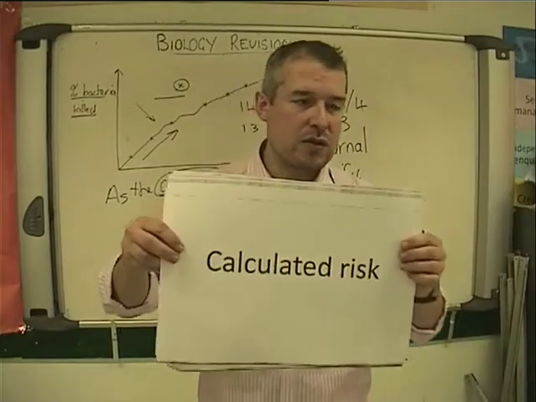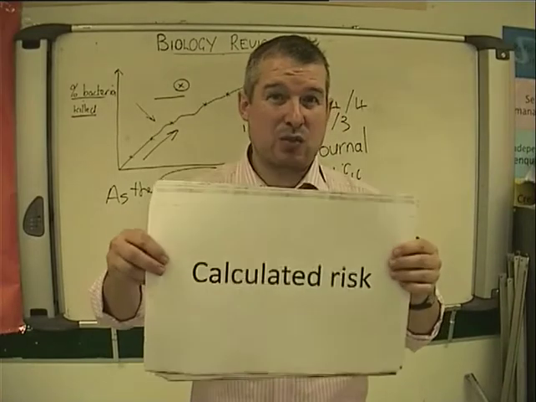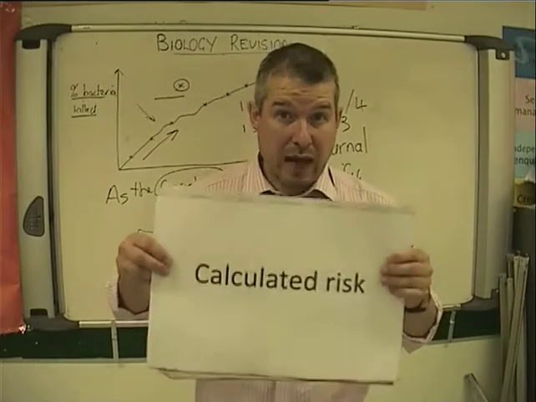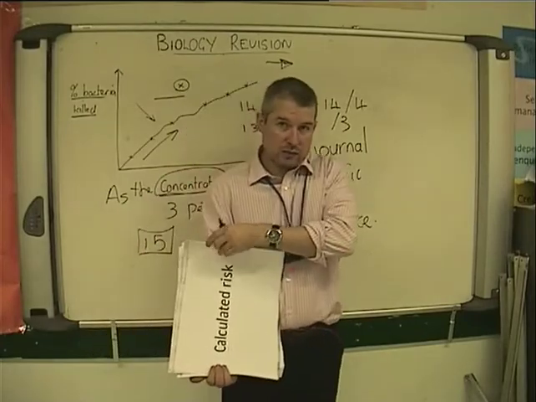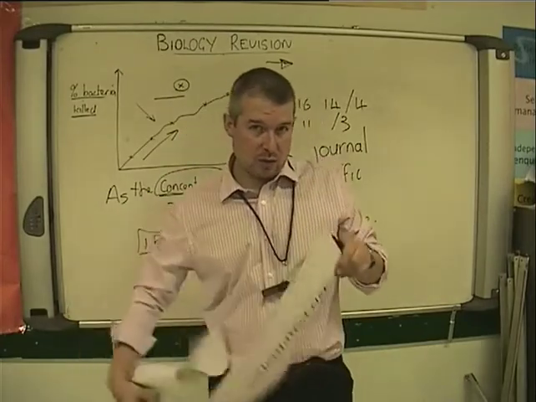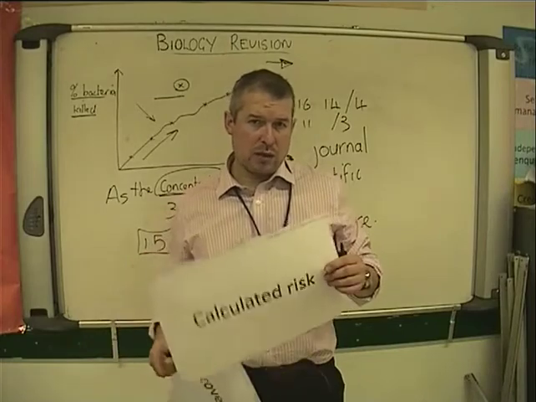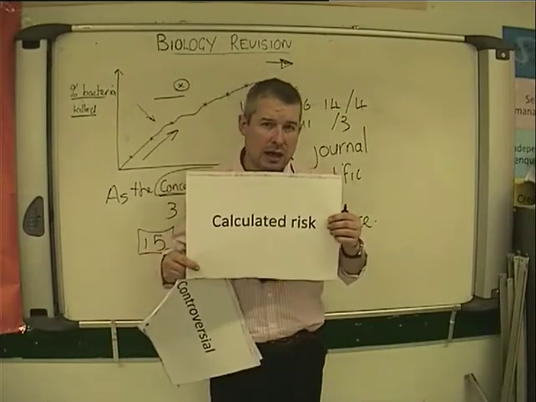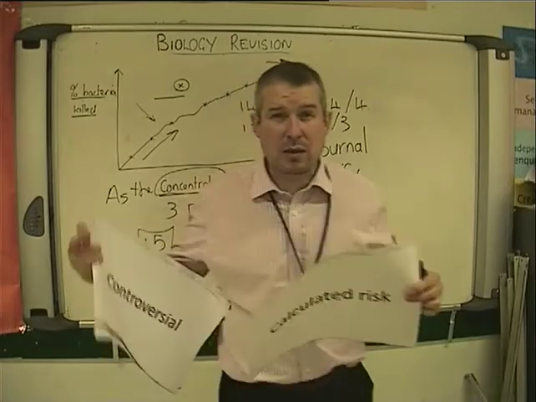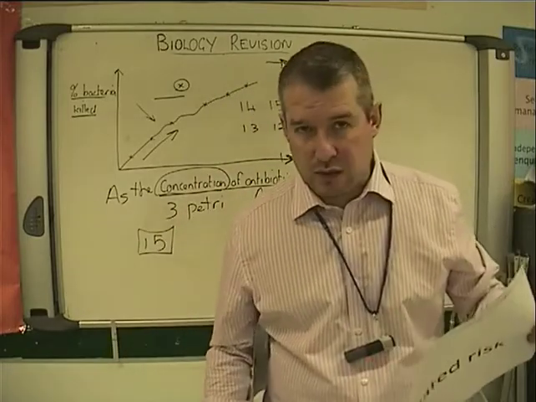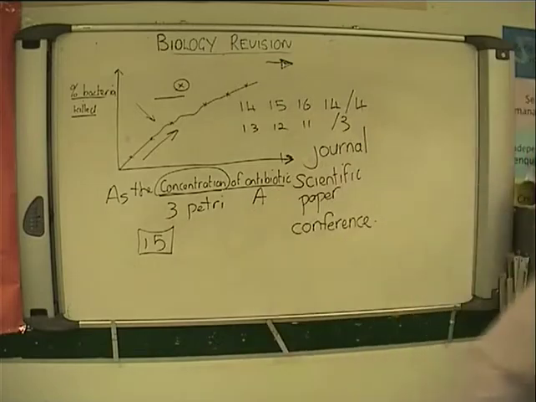Calculated risk is the reverse of this, if you like. It's the actual probability of something happening. So for instance, when we're talking about air travel, the calculated risk is very, very small. But when we're talking about smoking, the calculated risk of actually getting lung cancer from smoking is incredibly high. This doesn't stop people from smoking, does it? Because the perceived risk from smoking is quite low.